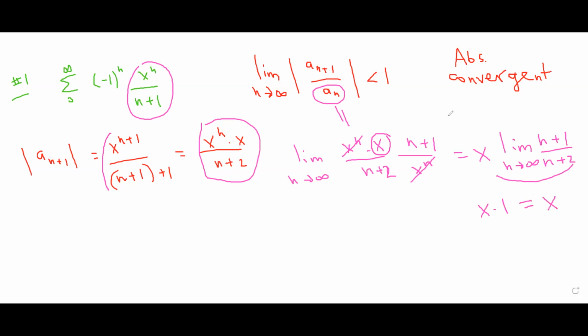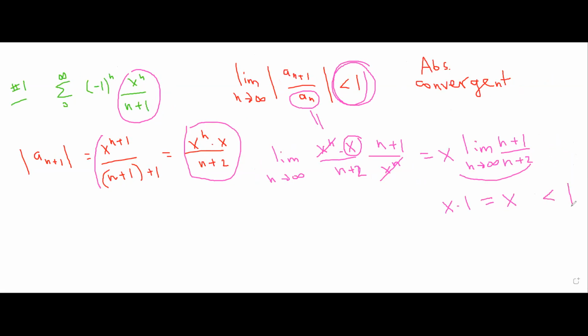I say, okay, so what? Well, now it's a key part. We need to see when this is less than 1. Please also notice this is absolute value that we're talking about. So we're going to get an inequality here to solve. So I should have actually had absolute value because x could also be negative, right?